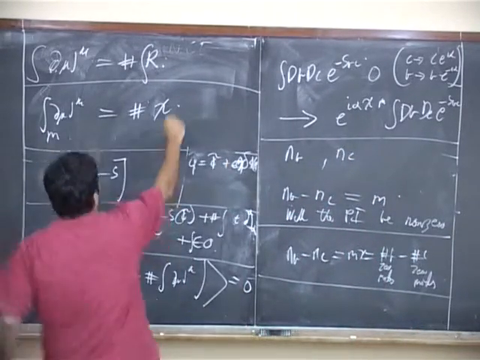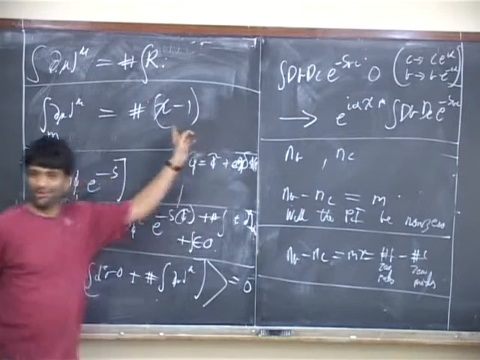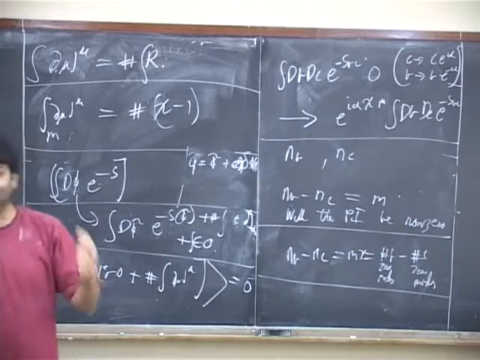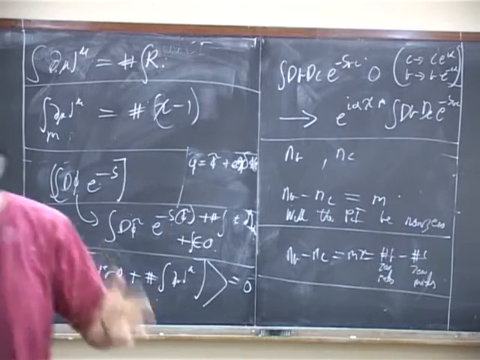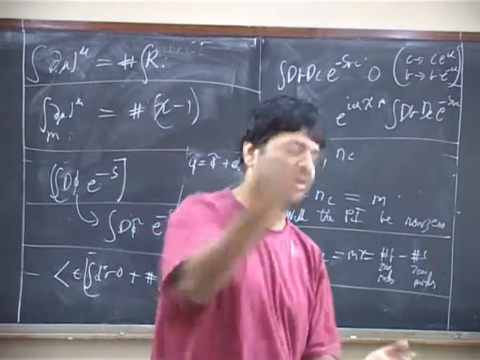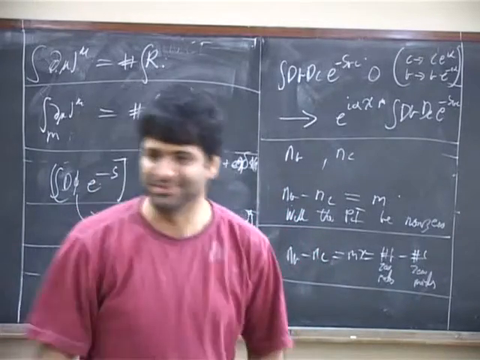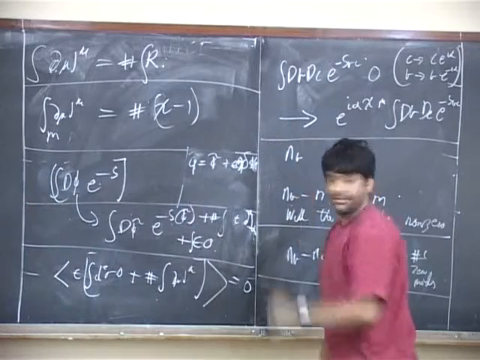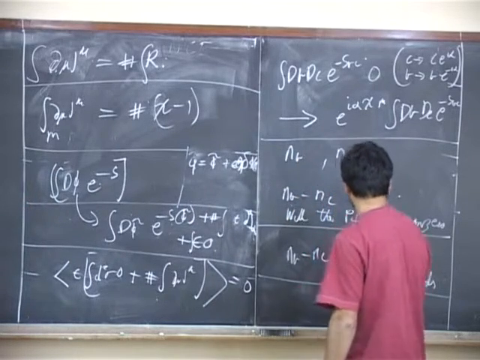So it was better to introduce chi minus 1. It's 0 for the torus, non-zero with one sign for the sphere, and non-zero with the other sign for genus two. So in standard definitions, this is chi minus 1.